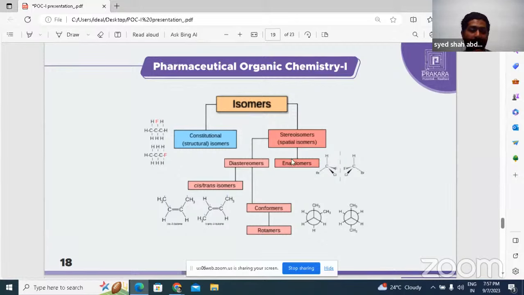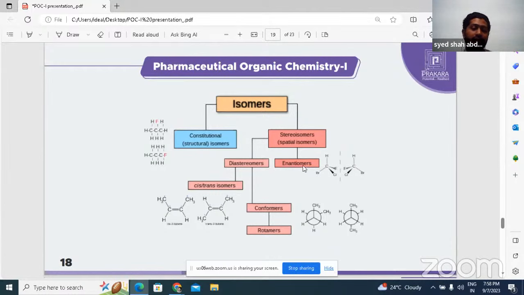You might have come across the words diastereomers, enantiomers. You know the difference between diastereomers and enantiomers? Enantiomers are non-superimposable mirror images. Okay, so those are enantiomers.